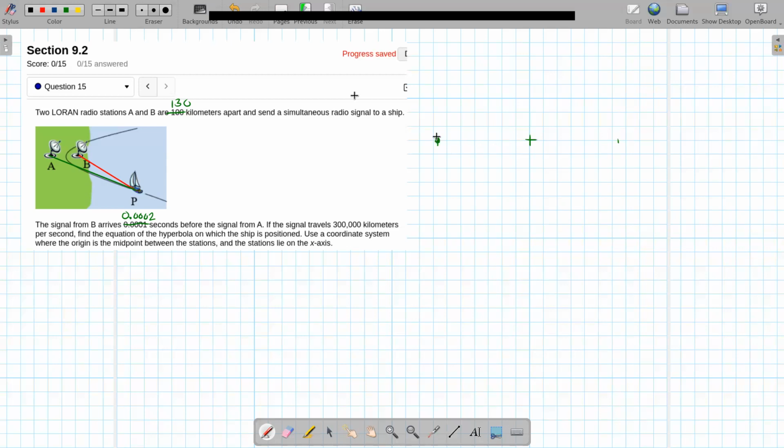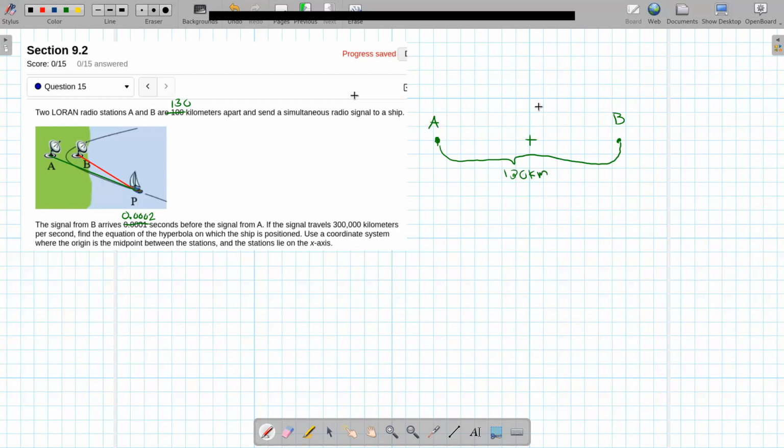So A is going to be around right here, and B is going to be around right here. If I scale every one of these as 10 kilometers, then that's 130 kilometers right there.